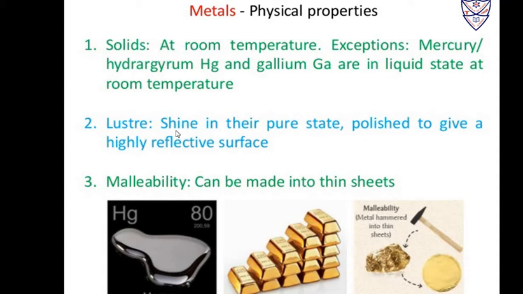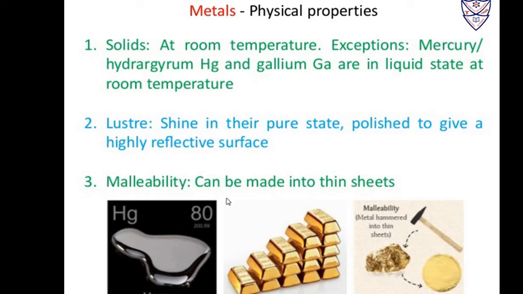Now, metals are lustrous. What does lustrous mean? Shining in their pure state, or we can say polished to give a highly reflective surface. The next one is malleability. Metals are malleable. What is malleable?